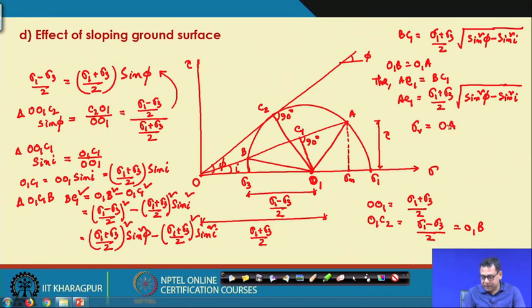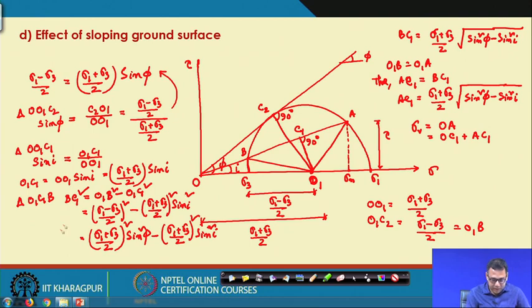Because if I draw this, this is sigma n, this will be the sigma v and this is the tau. So, sigma v is OA. So, I can write OA is nothing but OC1 plus AC1. Now, what is OC1?